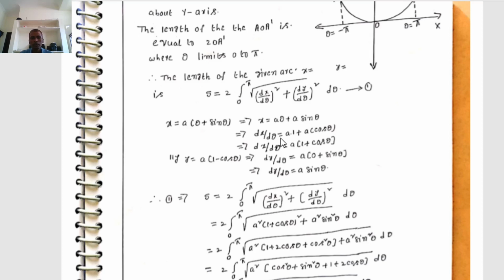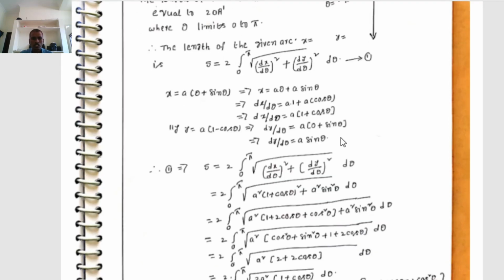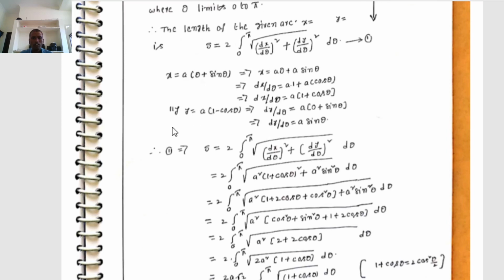Therefore dx by d theta equals a into the derivative of theta, which is 1, plus a into the derivative of sin theta, which is cos theta. That implies dx by d theta equals a into 1 plus cos theta, taking a common. Similarly we find dy by d theta.